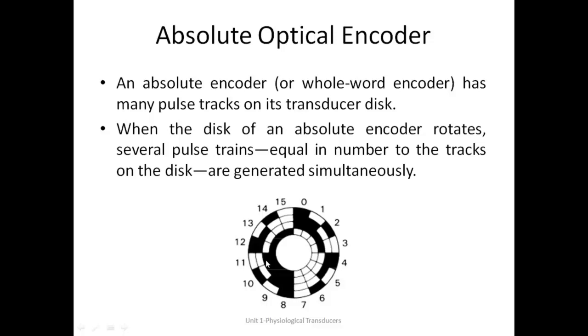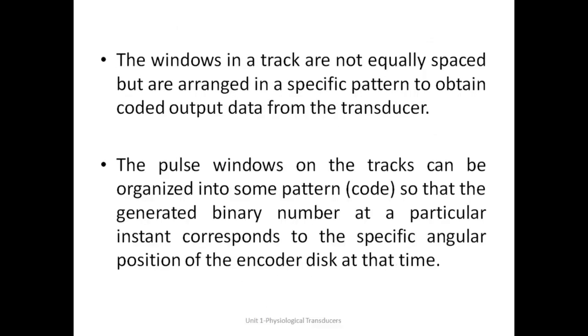If we were talking of all ones coming in, that will be 24 degrees multiplied by 7, which is 168 degrees. So from the 0th position, when the digital value corresponds to all ones, the 7th slot on this absolute encoder, your disk has rotated 168 degrees. This is how an absolute encoder works.